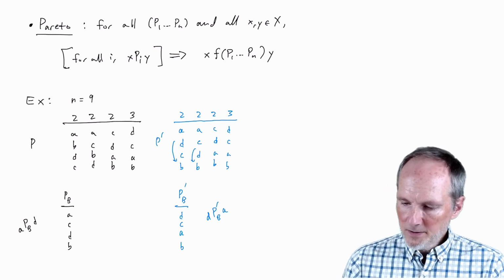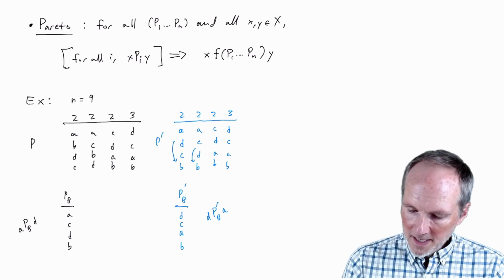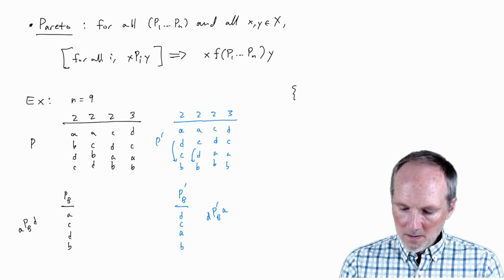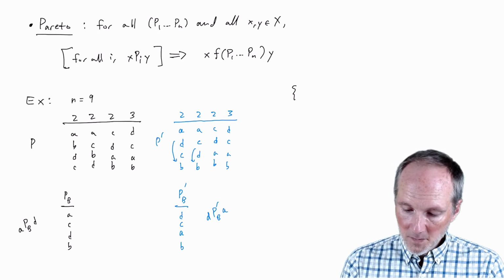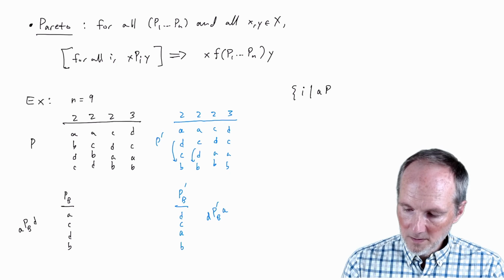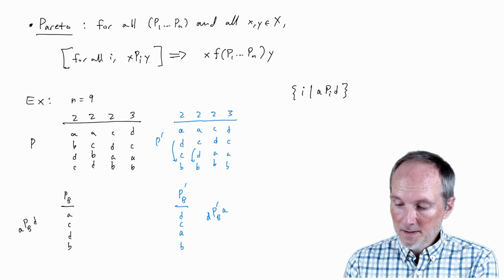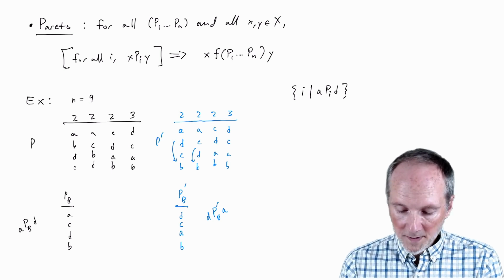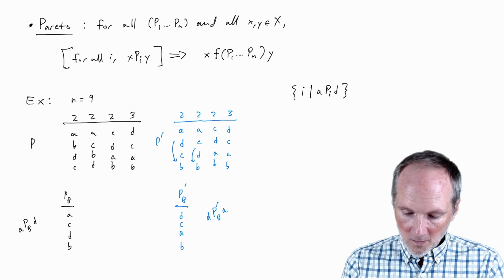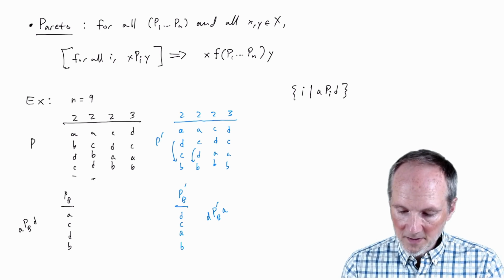Now let's focus in on those two alternatives, and let's look at the set of people who prefer A to D in the first profile. Formally it's this set. If we look at this profile, these guys prefer A to D, so do these guys, but the other guys don't.